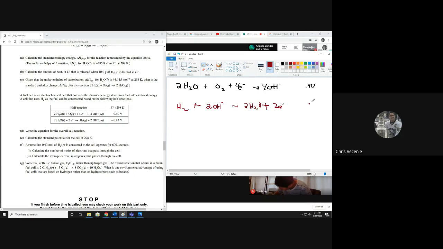And flipping the equation makes the voltage change from negative to positive. And I can calculate that right away. I know right away this is 1.23 volts because no matter what I do to this equation from here, I won't affect the voltage. Timesing it won't do anything. But we do need to make the electrons equal and opposite before we add them.